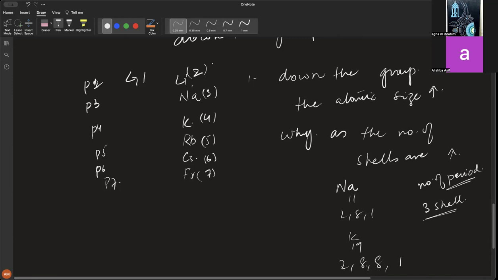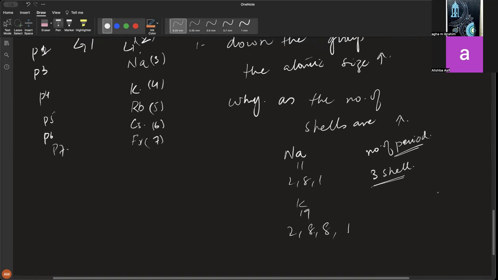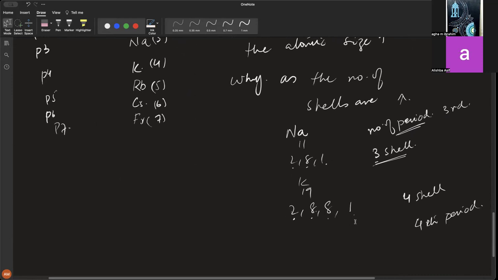It has 3 shells, so it is in the third period. Potassium has 4 shells, so it is in the fourth period. Yes or no? Similarly, the next element has 5 shells.